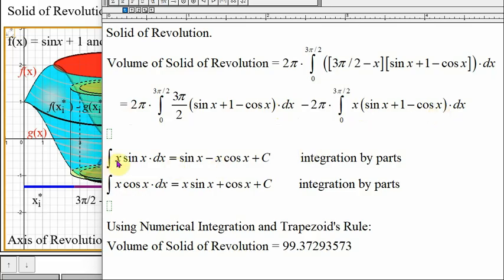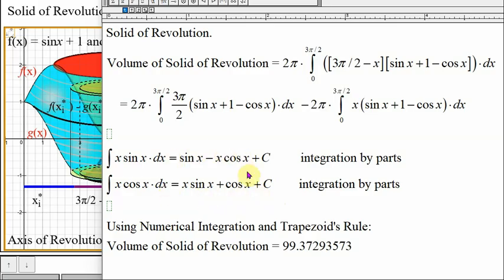For the integral of x times sine of x, we have to use integration by parts, and it's going to be sine of x minus x cosine of x. And for x cosine of x, again we have to use integration by parts, and it's going to be x sine x plus cosine of x.